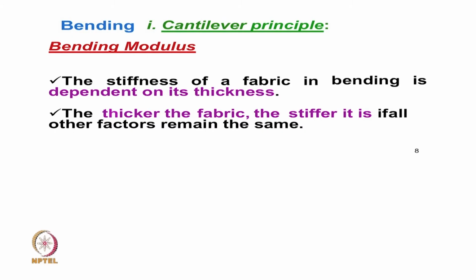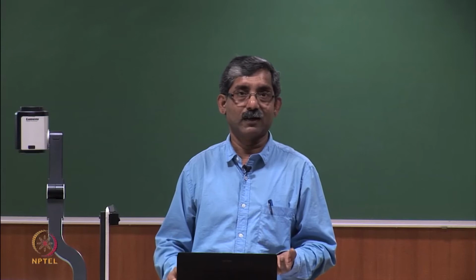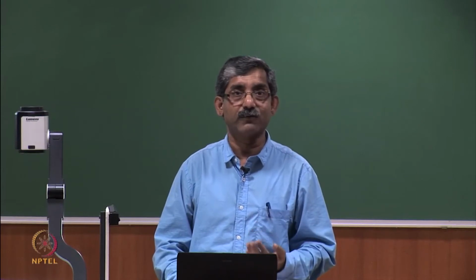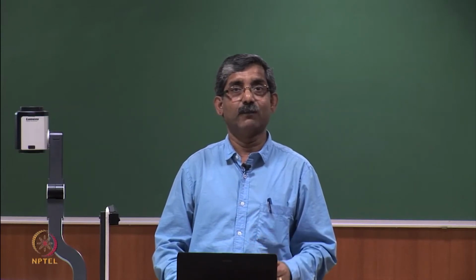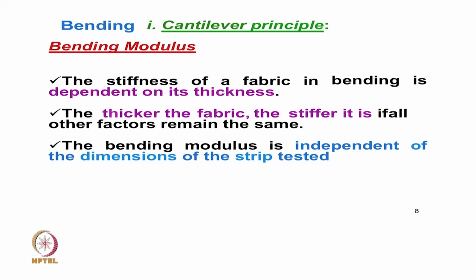That is why the thicker the fabric, the stiffer it is. So, if all other factors remain constant, we need a parameter which will be independent of thickness, that is, the bending modulus is independent of the dimension of the strip tested.